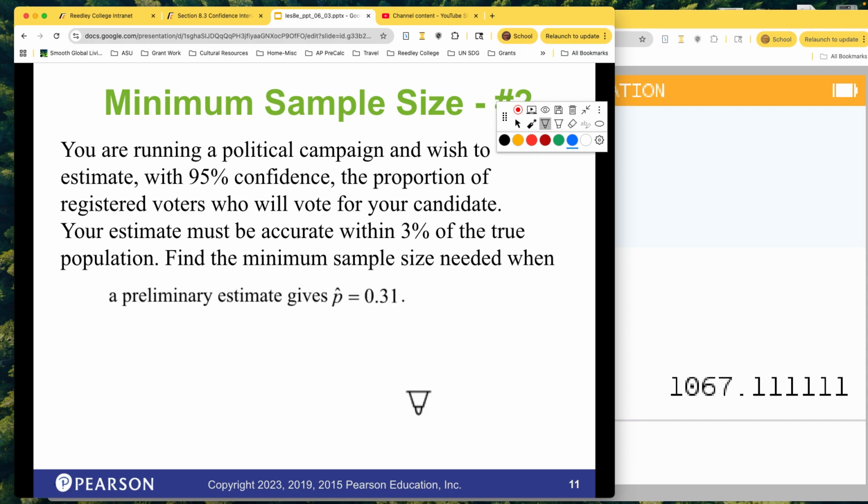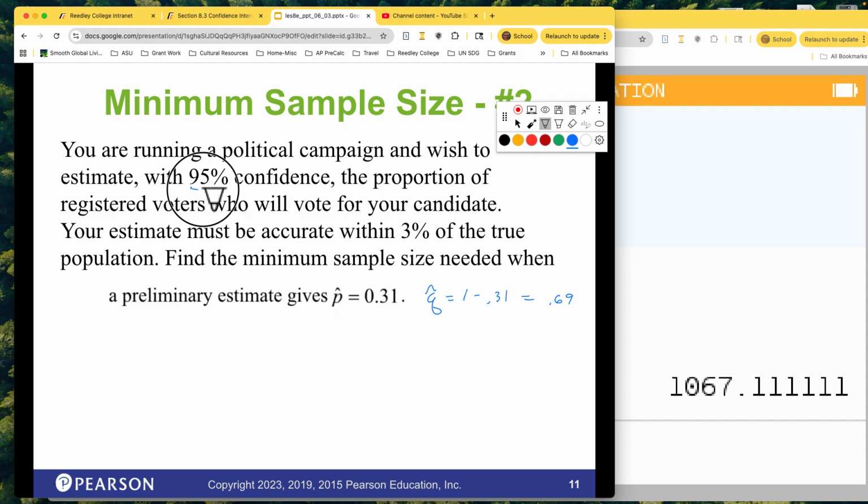This is the same thing, but they give us a preliminary estimate. Maybe this was from the last polls or something, that p hat is 31%. So if p hat is 31, what would q hat be? Remember, they have to add to 100%. Yes, 1 minus 0.31, which is going to give us 0.69.